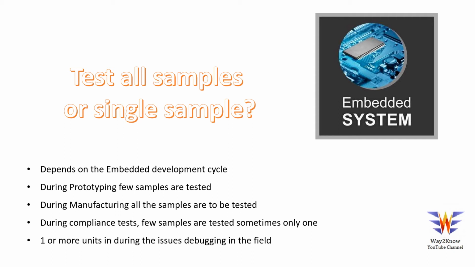So here again, few samples or a single sample depends on the number of tests involved. And then definitely during the field, any debugging is done only on the failure boards, right? So it could be one or a few. So to summarize, testing samples or a single sample depends on the phase in which we are testing.